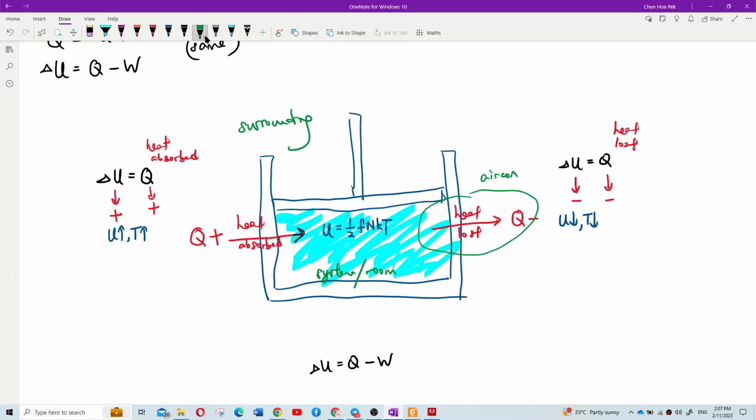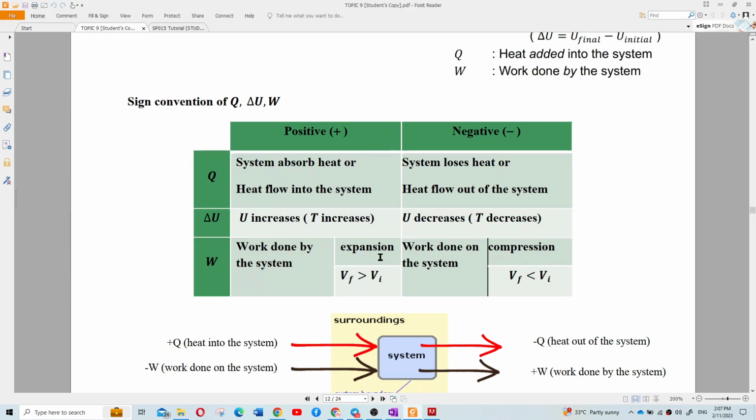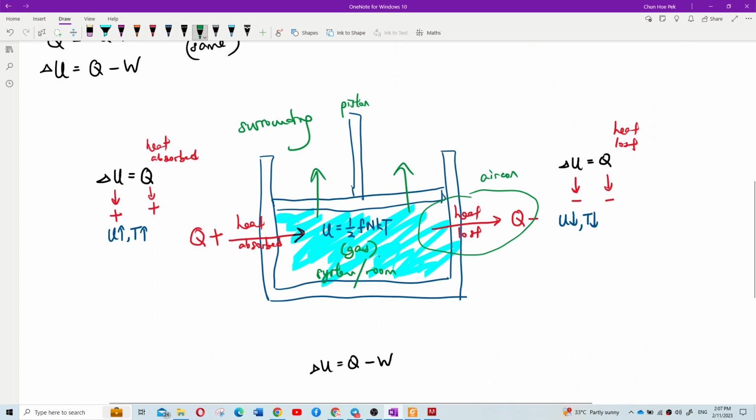This is the piston. So it pushes up the piston. That means expansion, isn't it, class? It becomes bigger volume. Expansion.